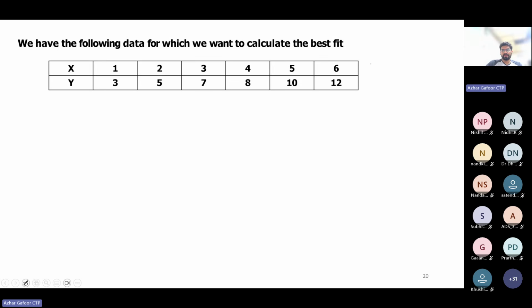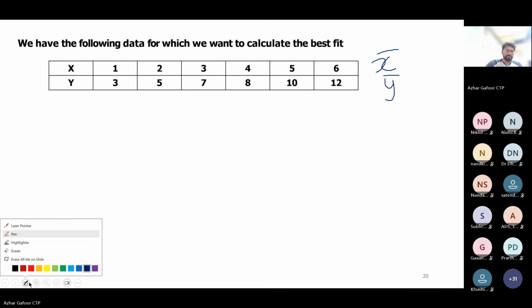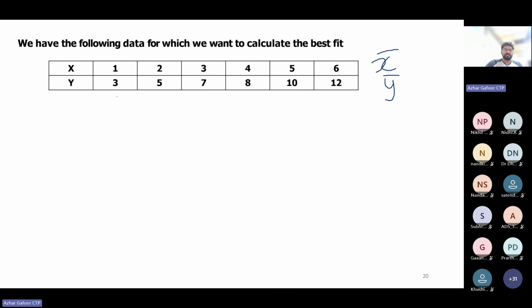So we need to find x bar, which is the mean of x, then y bar, which is the mean of y. Then we need to subtract each of these x from x bar and y from y bar.